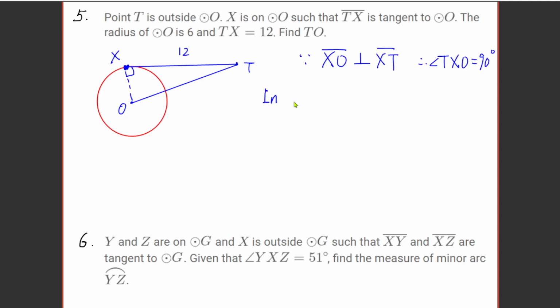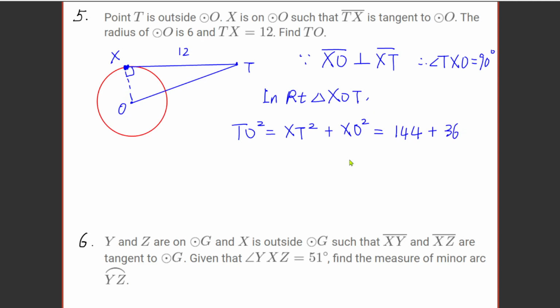And then we consider the right triangle XOT. We have TO squared equals XT squared plus XO squared, right? And we know XT is 12, so 144 plus XO is the radius, which is 6.